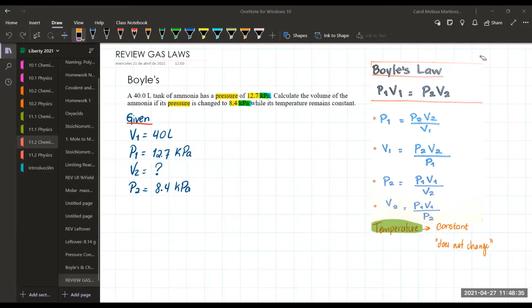Because I need to find V2, I'm going to look for the equation that is useful to find the final volume, which is the last one. So we write it down, and then we replace by the givens. Volume 2 is going to be equal to the pressure 1 times volume 1 divided by the pressure 2.